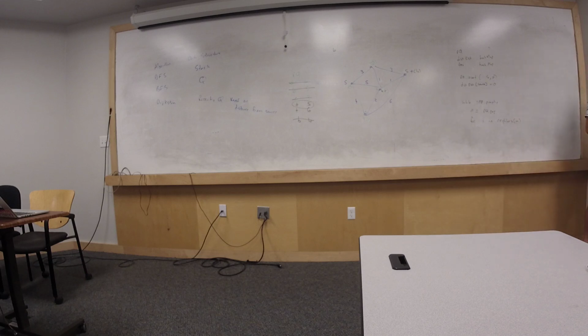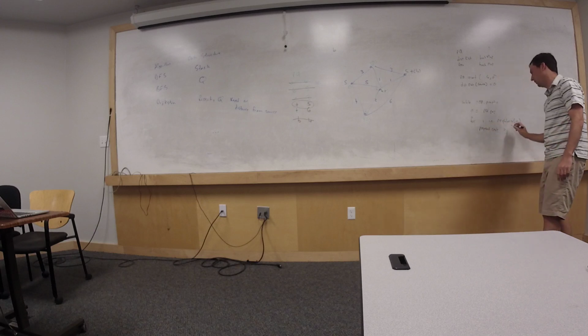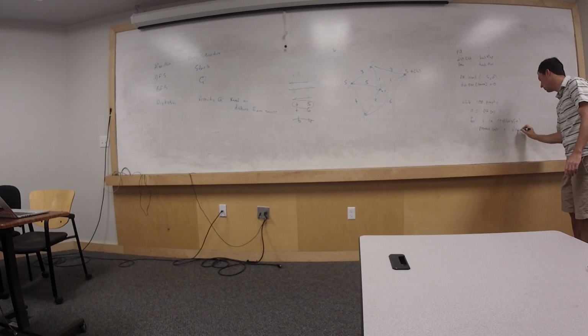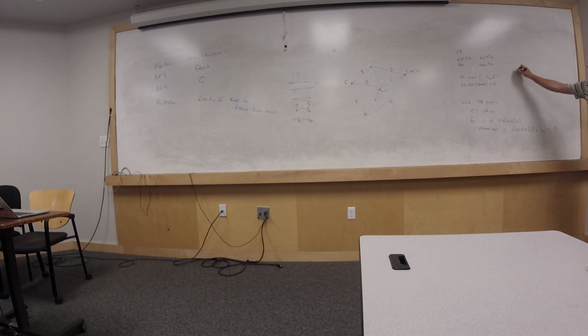So for each neighbor in here, the updated cost, or the proposed cost, is the distance to n plus the edge length from n to I. All right, so we have this new proposed cost.